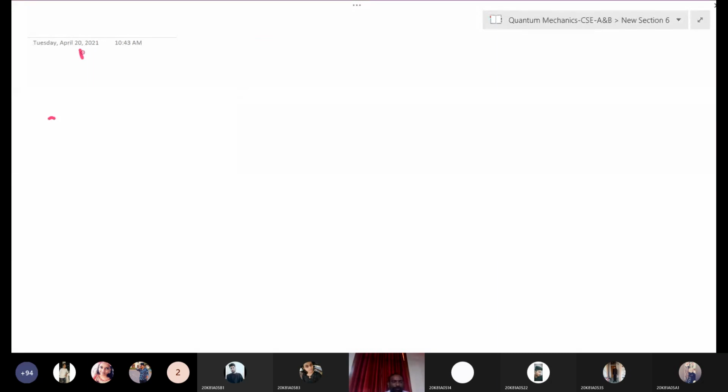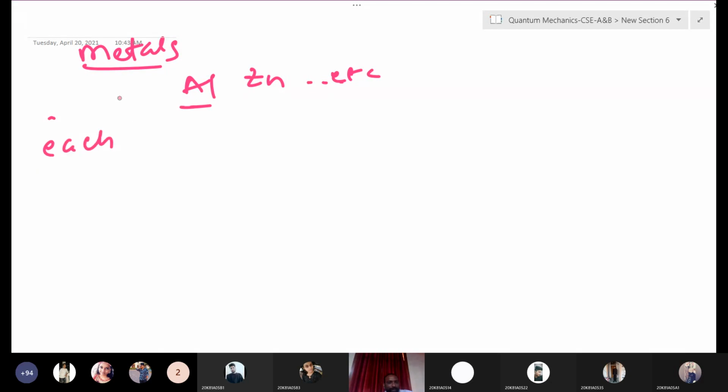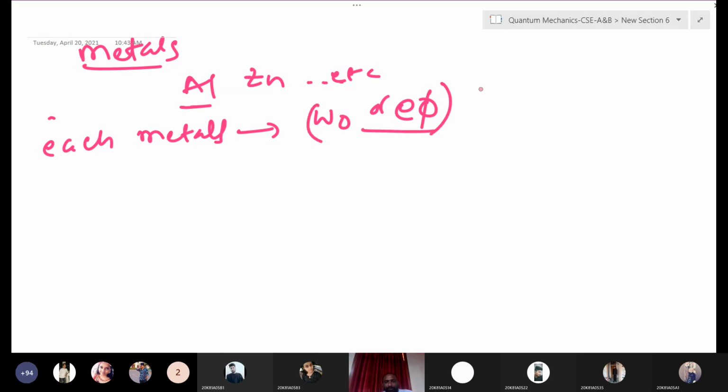So, different metals. Suppose we have aluminum, zinc, and some other materials. Each metal has a different work function, or you can write it as e phi, whatever terminology you like.